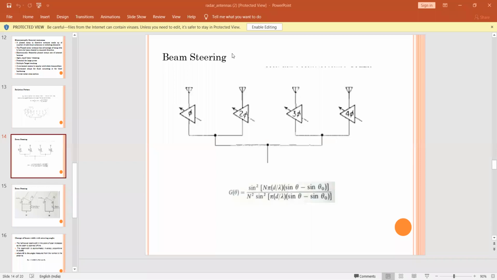Since there might be tens of elements in the array, the loss with the series feed is generally unacceptable. So this is beam steering. A command would be generated from the computer where the antennas are rotated. So based on the commands, the antennas are rotated.